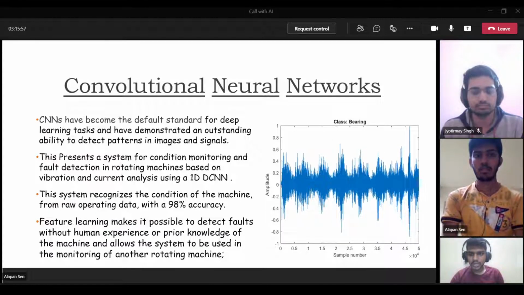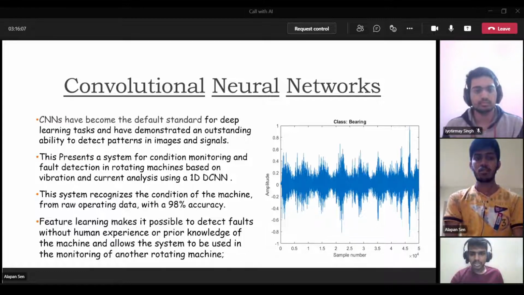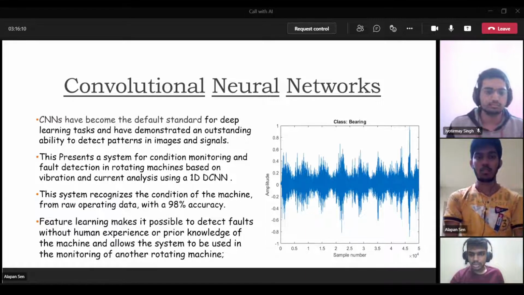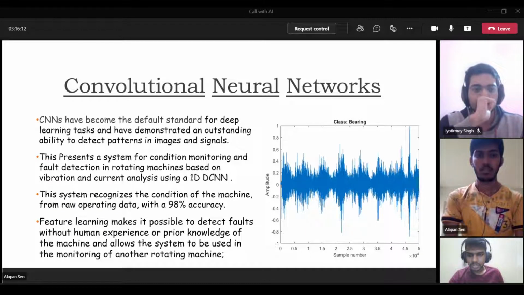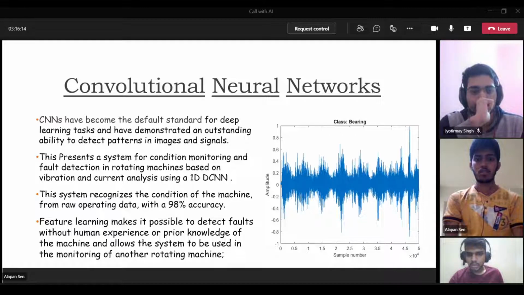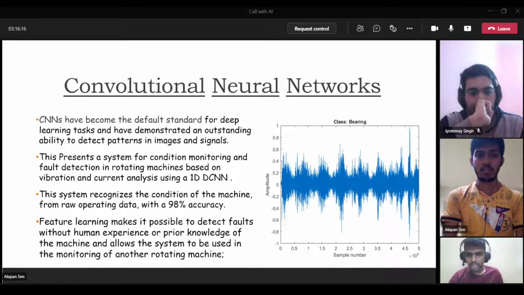Next we will discuss convolutional neural networks, as these have become the default standard for deep learning tasks and have demonstrated an outstanding ability to detect patterns in images as well as signals. So this presents a system for condition monitoring and fault detection in rotating machines based on vibrations and current analysis using a one-dimensional deep convolutional neural network.